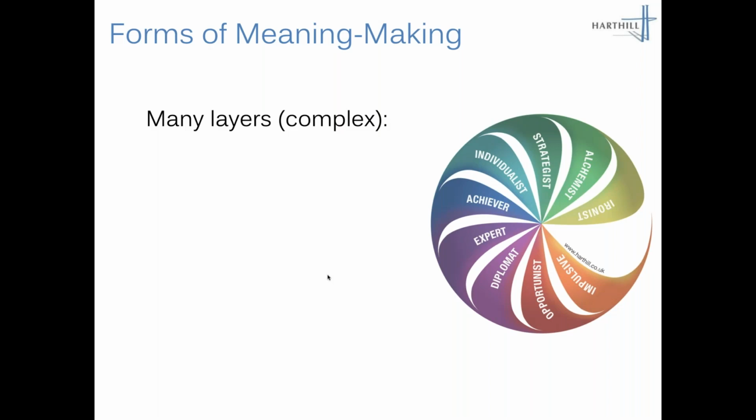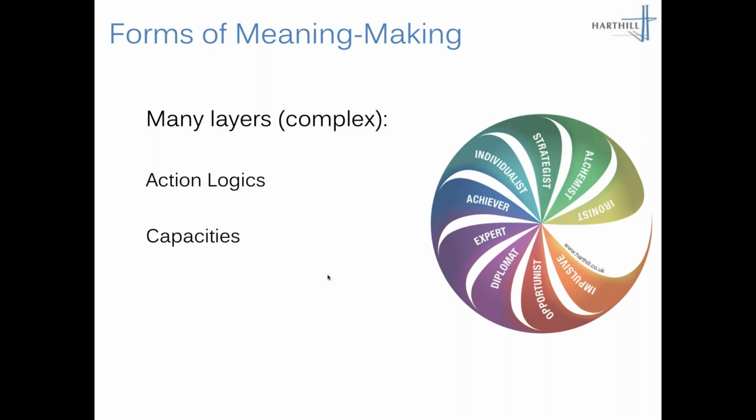Forms of meaning making are complex, they're inherently complex, and they have many layers in them. And one of the constructs that we use to talk about those layers is action logic. And the idea of an action logic is that it's a structure, a sort of intrinsic structure in your meaning making that informs action, not just physical action, but any kind of activity that you're engaging, thinking, feeling, sensing, working, moving, implicitly or explicitly, is drawn through a meaning-making structure.